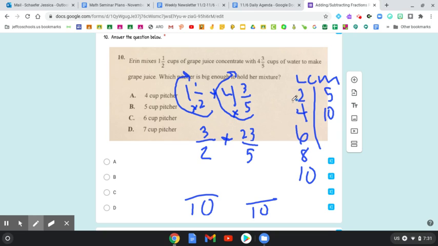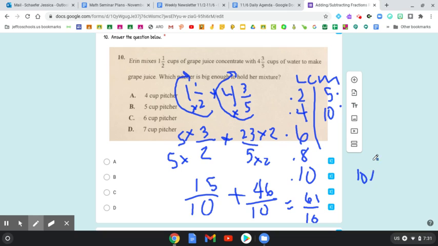The 2 is times 5. I'm going to do that also to the top. 3 times 5 is 15. And this side is times 2. 23 times 2 would be 46. I'm ready to add. So 15 plus 46. It's going to be 61 tenths.